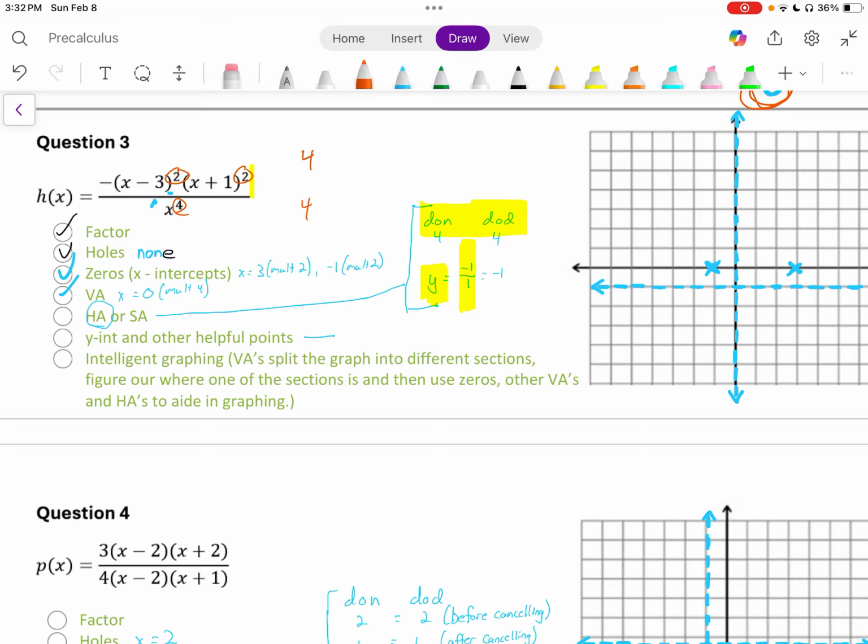And then if we multiplied all of this out, x times x is x squared, times another x squared with a negative out front would just be negative 1, and then 1, which is negative 1. So you see here we have a horizontal asymptote at negative 1. So we got that. Any y-intercepts? No, because plugging in 0, we have a vertical asymptote.